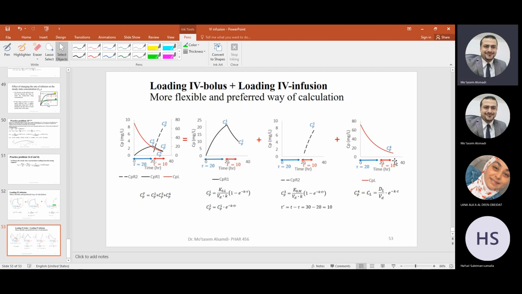It's equal to CP4 plus CP3 plus CP2. If I add another input, can you do that? Simply you divide it into separate graphs according to the number of inputs, solve each graph alone, then combine them by the principle of superposition.